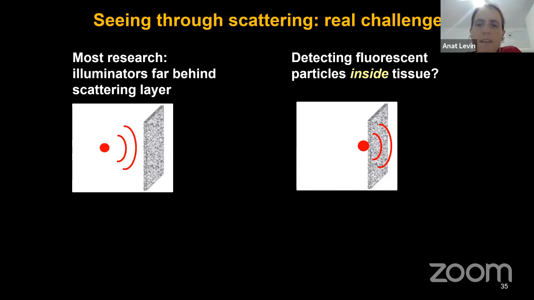The question is why all the successful experimental realizations consider light sources behind the scattering tissue, not inside it. My understanding is that the statistics of speckles from far field sources, meaning far behind the medium, and from near field sources, meaning inside the scattering medium, are not the same.